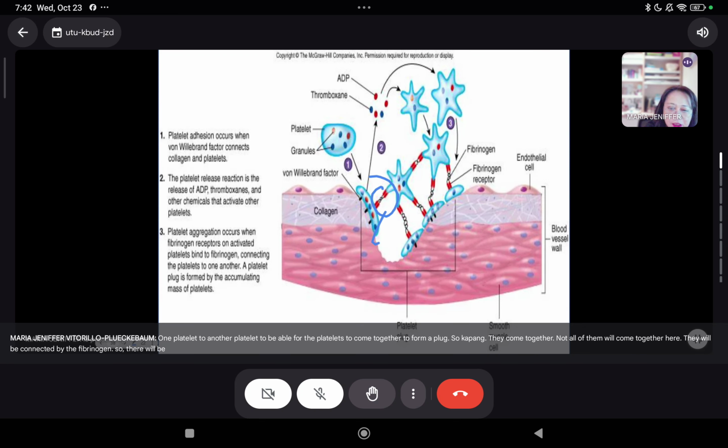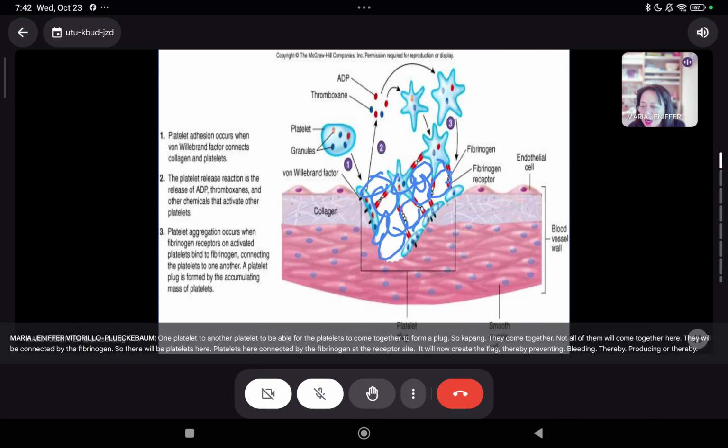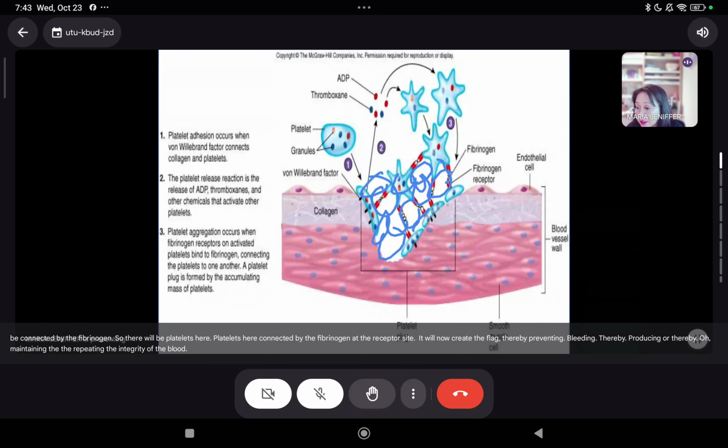So there will be platelets connected by the fibrinogen at the receptor site. It will now create the plug, thereby preventing bleeding and maintaining the integrity of the blood vessels. Naintindihan nyo guys? That is how bleeding is stopped at the site of injury.